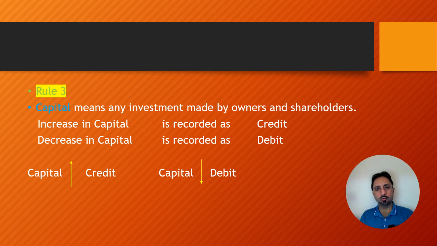Now assets are on the left side of the equation, liabilities and capital are on the right side of the equation. So the things which are on the same side of the equation are recorded in a similar pattern.